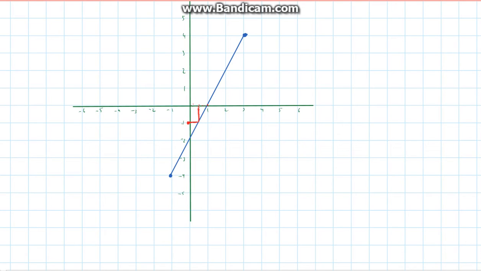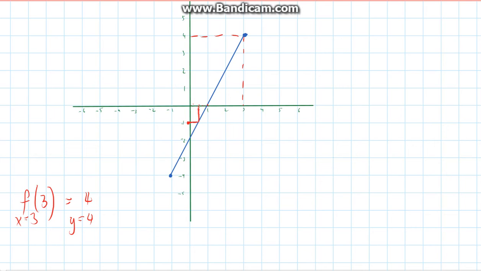Say they said find the value of f of 3. That's when x is equal to 3. So I go to 3 on the x-axis, which is here, draw a line up until it hits the line, and then read across on the y-axis. So y is equal to 4 when x equals 3.